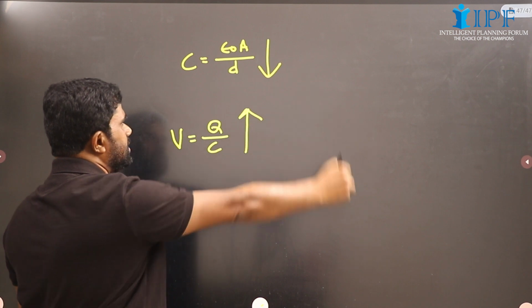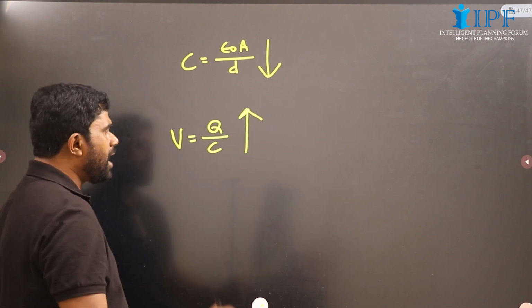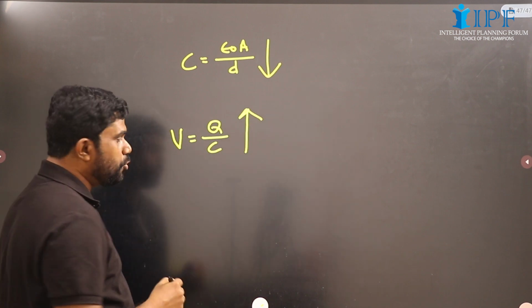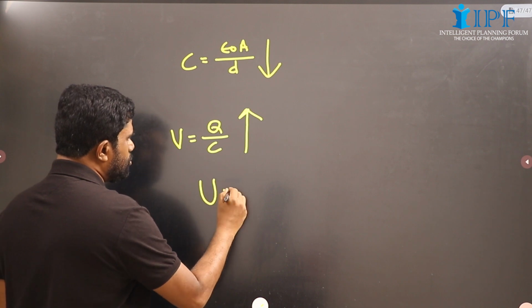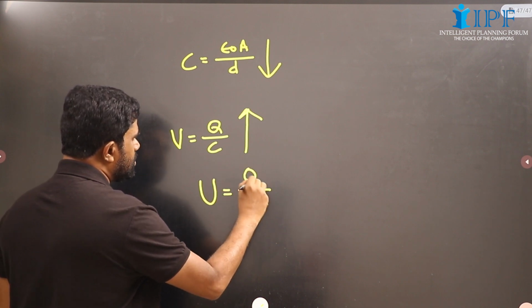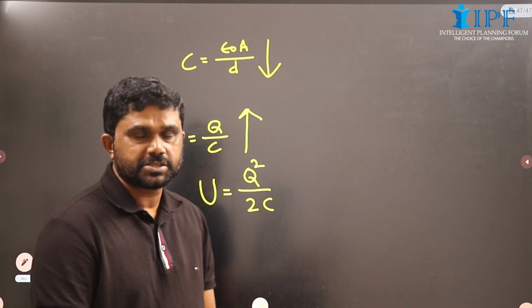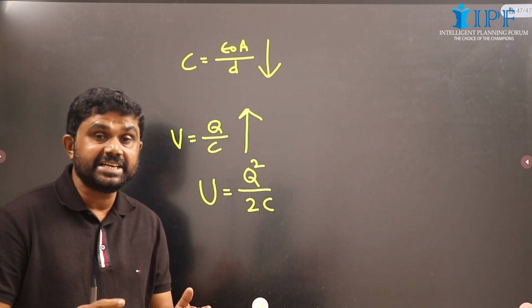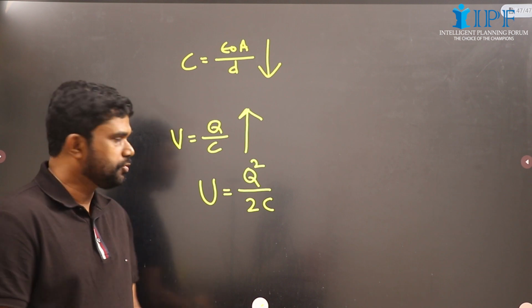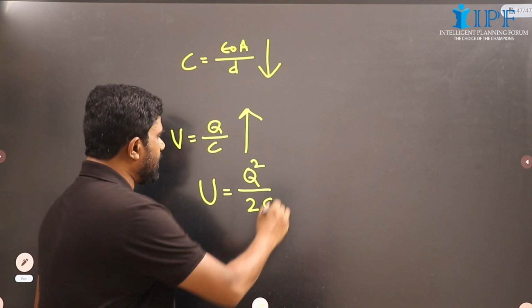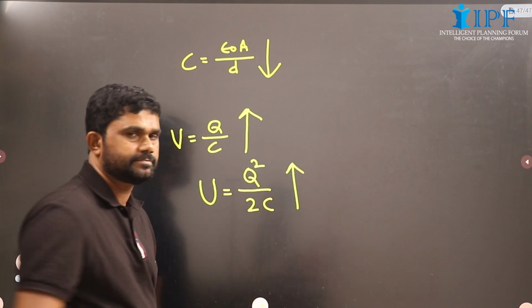And what happens to the energy stored in the capacitor? The energy stored in the capacitor is Q square over 2C. That Q remains constant and capacitance C is decreased. So the energy stored in the capacitor will increase.